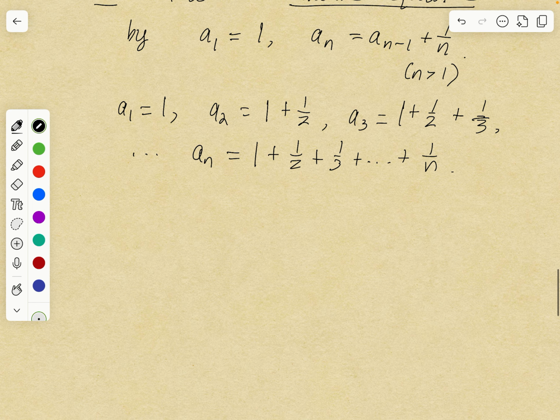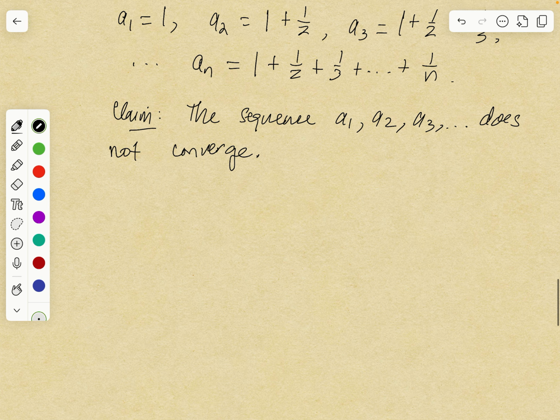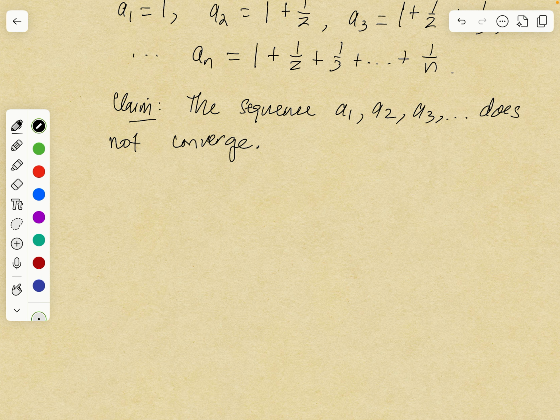And I claim that the sequence does not converge. In other words, it diverges. This is a very famous sequence.